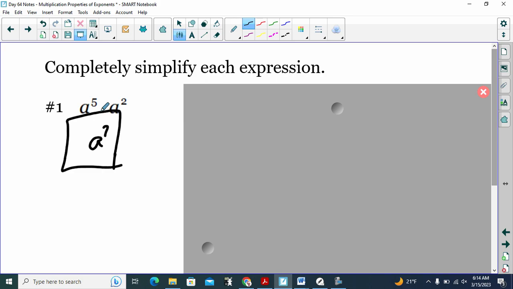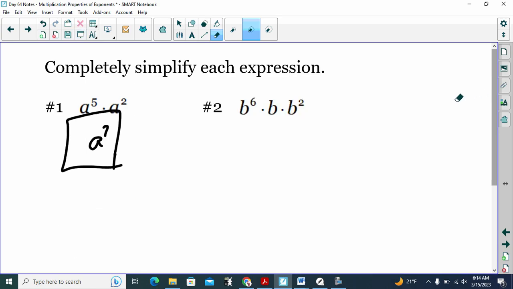Even if the a was a number, if it was like 2 to the 5th times 2 to the 2nd, we add the exponents. The base stays the same. It would be 2 to the 7th in that case. Number 2 says b to the 6th times b to the 2nd.